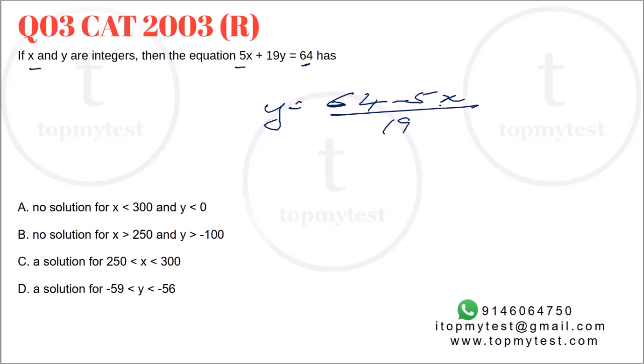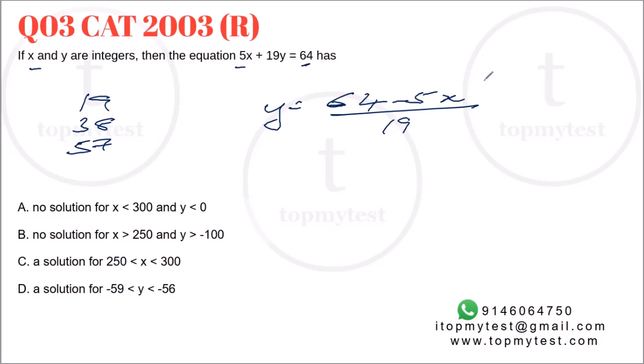Only then it will satisfy. What are the multiples of 19 that you have? Let's take positive values over here. Multiples of 19 are 19, 38, then 57. Below 64, these are the values. Now to reach 57, 64 minus 57 is 7. Can 5x be equal to 7?